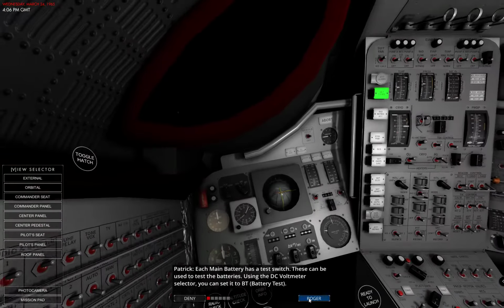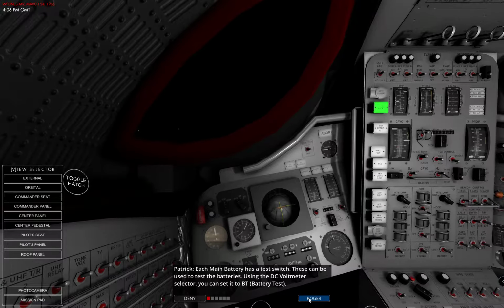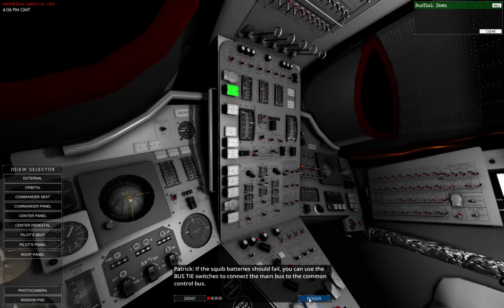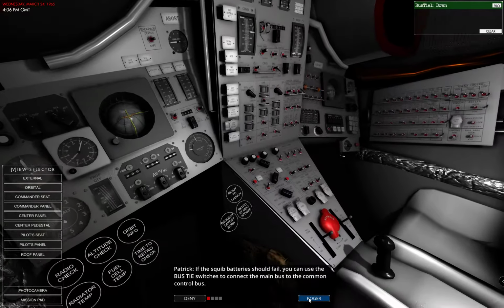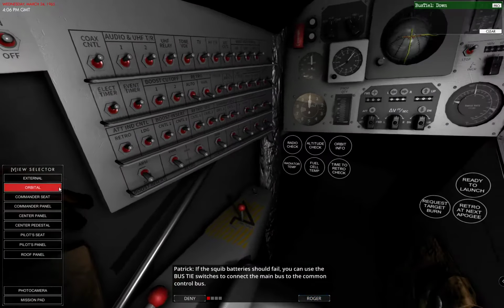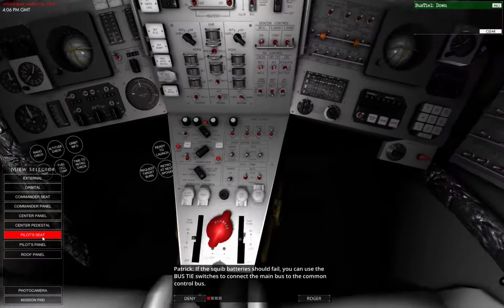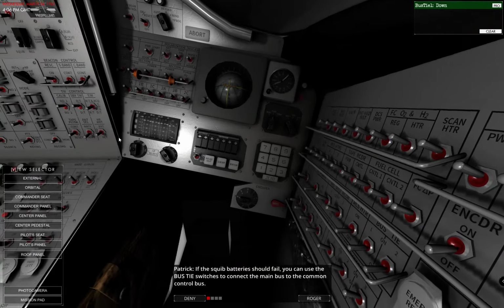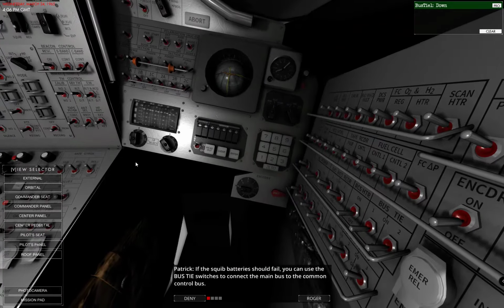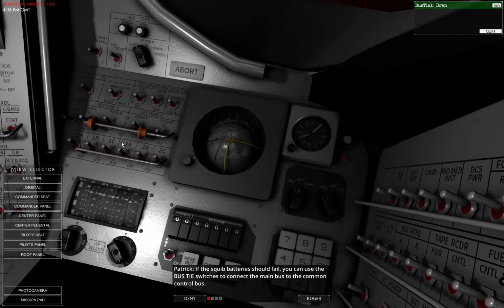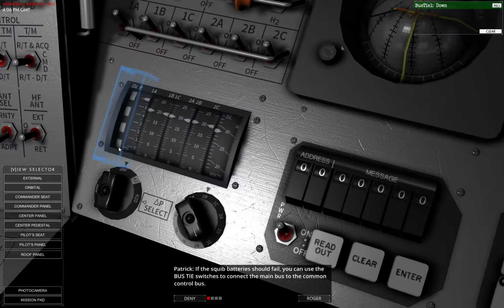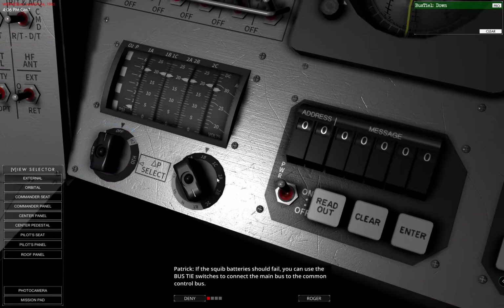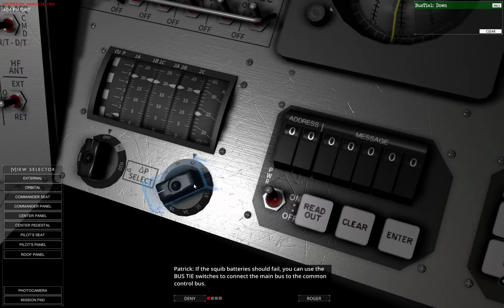Each main battery has a test switch. These can be used to test the batteries. Using the DC voltmeter selector, you can set it to battery test. And then now I double clicked. Let's see, going to the pilot seat, and we should have these.